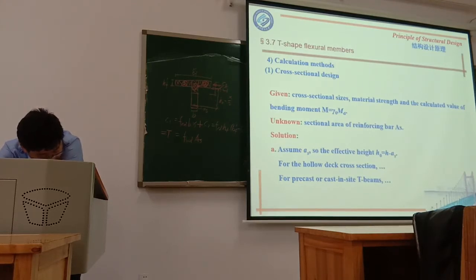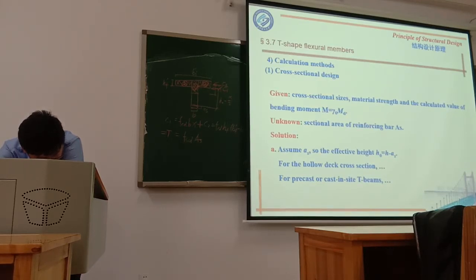For the hollow deck cross section, steel plating will often be used. The work can be conducted according to the equivalent lower flat thickness hf. In the actual cross section, arrange one or two layers of steel.